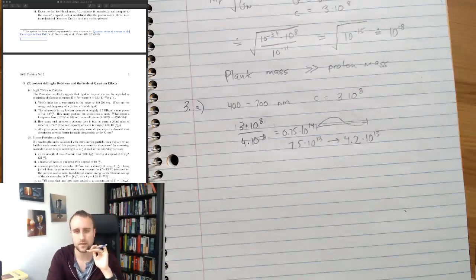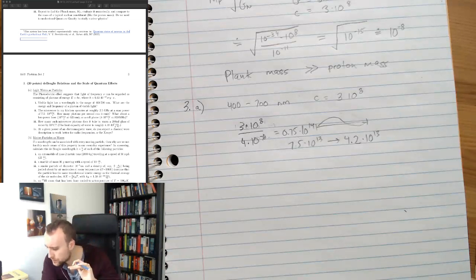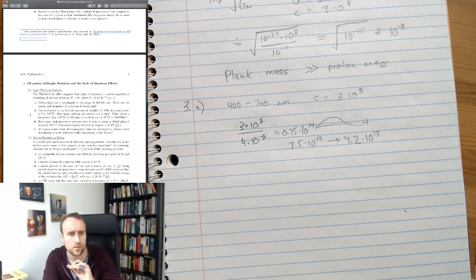Did I miscalculate somewhere? Why do I have 13 written here?